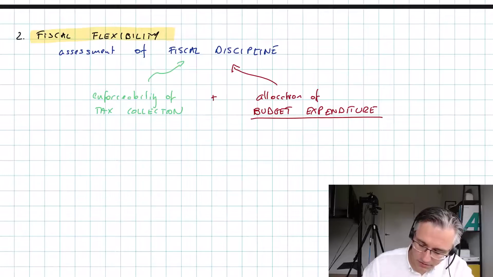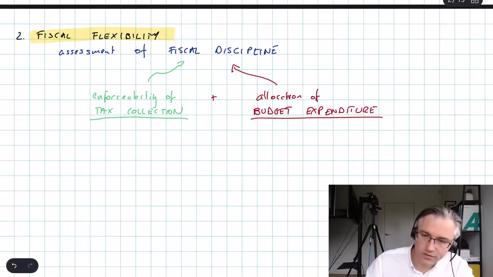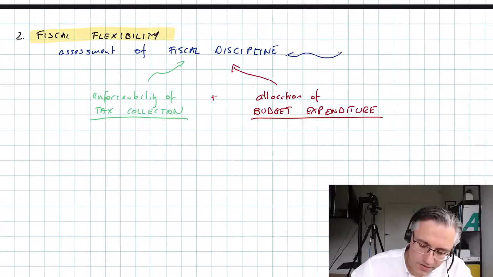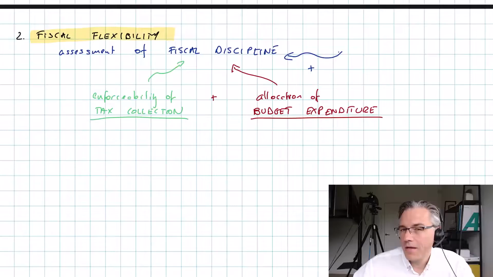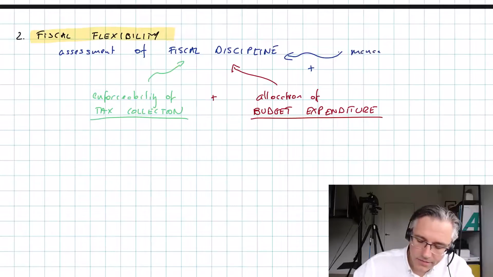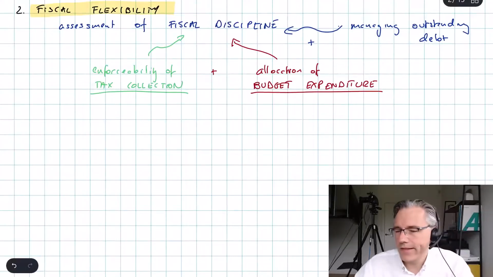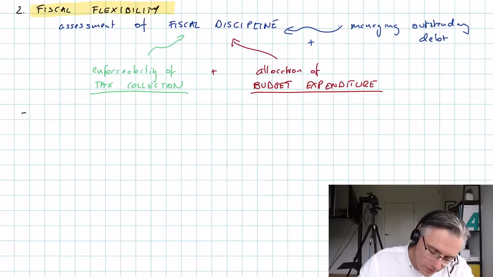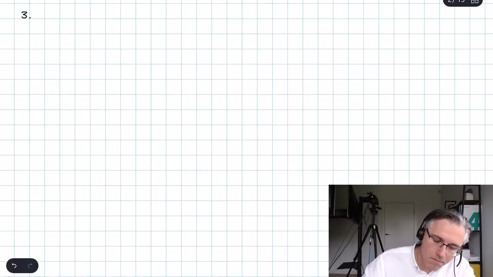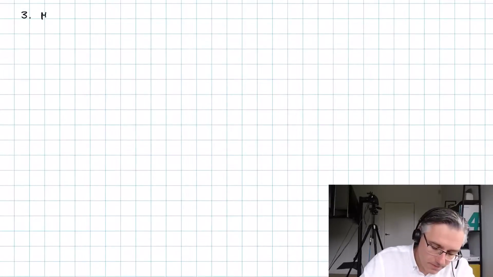So expenditure on the one hand, tax collection on the other, and fiscal policy and therefore fiscal discipline is also about managing the country's outstanding debt. But I guess all of these feed together and off one another. So this is a fairly simple point. The third one is monetary effectiveness.